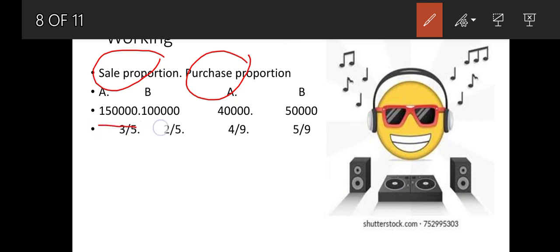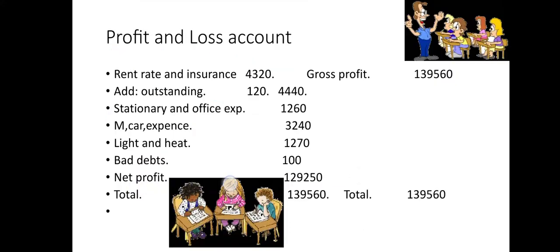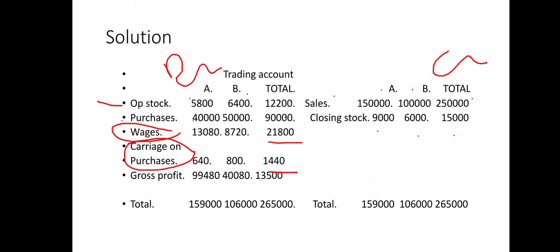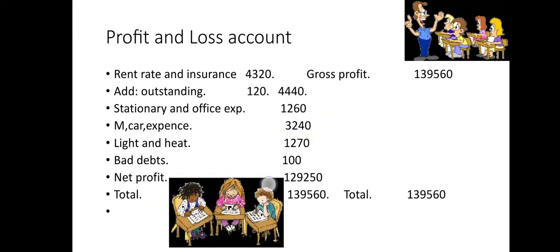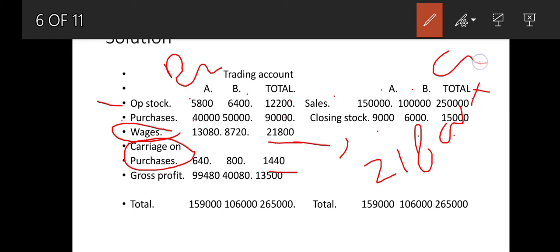Sales is 1,50,000 and 1,00,000. Simply we will exclude these 4 zeros. What we have left is 15 and 10. 5 3s are 15 and 5 2s are 10. So the proportion is 3/5 and 2/5. It's the proportion of sales, and we will distribute wages on the basis of sales. 21,800 multiplied by 3 divided by 5, we will get 13,080.